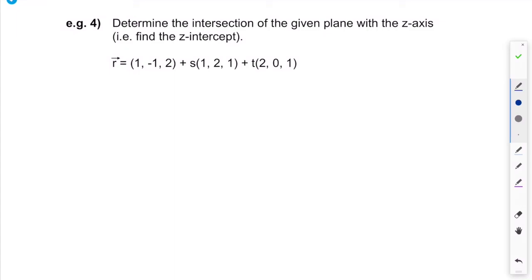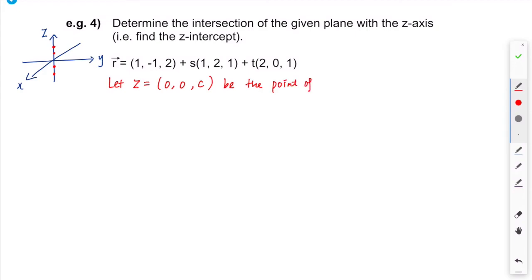So we know that in 3D space, if we sketch out the coordinate system, x, y and z, the z-intercept would be any point on the z-axis, which means that we can let 0, 0, any number, let's call it C, be the point of intersection.